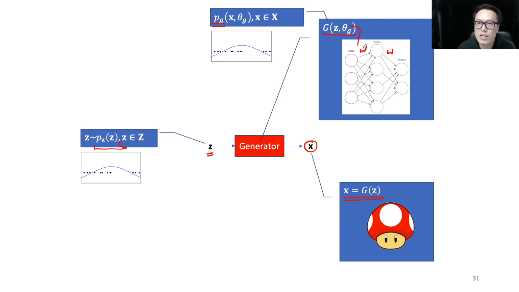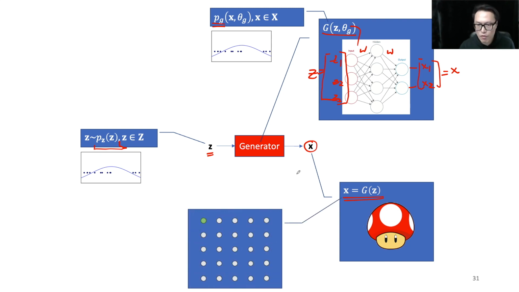For example, Z is a vector Z1, Z2, Z3, and the output is X1, X2, which form a vector X. Of course, when you look at images, it is not just two elements, but anyway, X denotes the output of the generator. It is a generator sample.